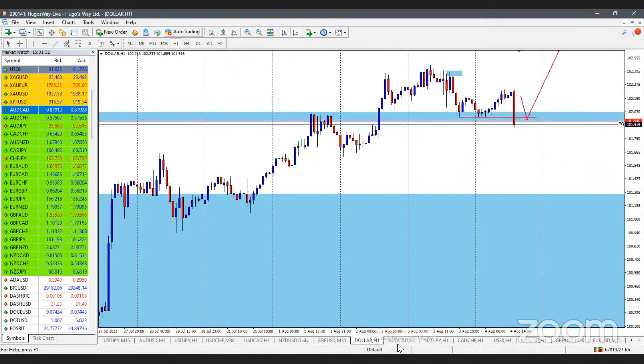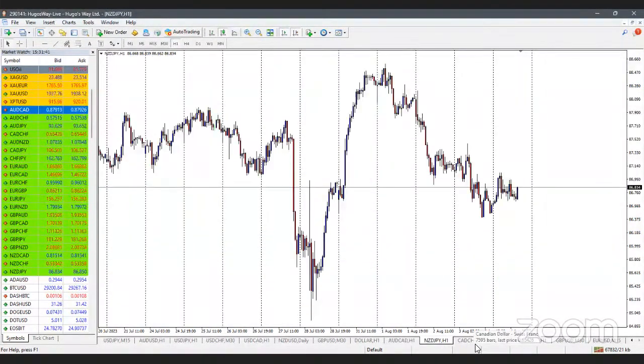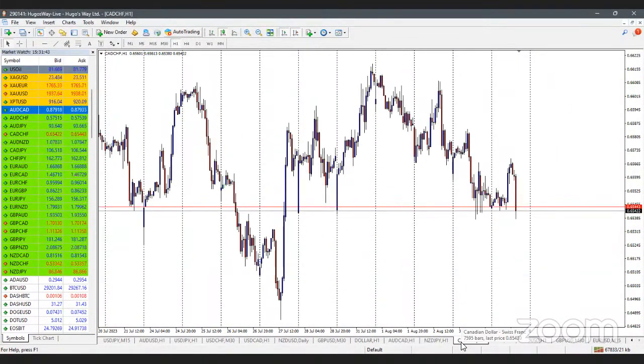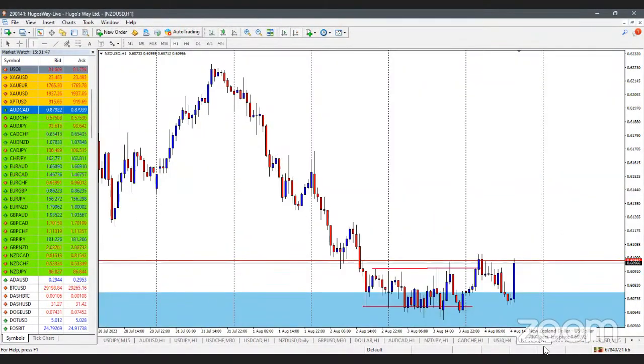Let's look at some other pairs whilst we're waiting to see what's going to happen. It looks like the Canadian dollar has come out to be bearish, because AUD CAD is going long and CAD CHF was going short. US30 really didn't do anything.